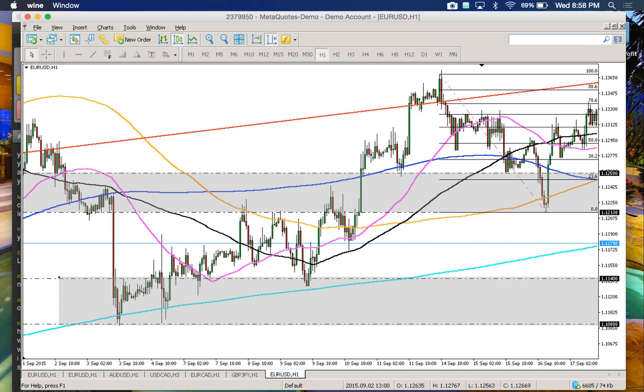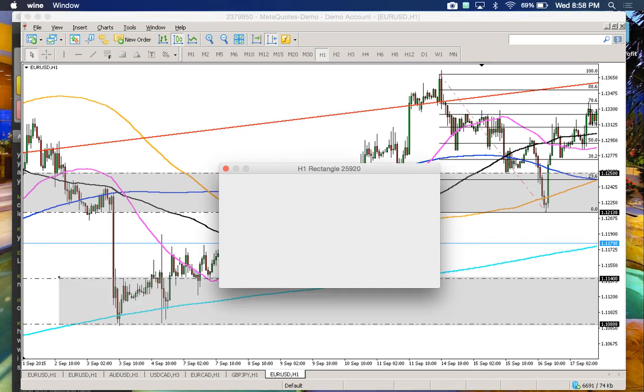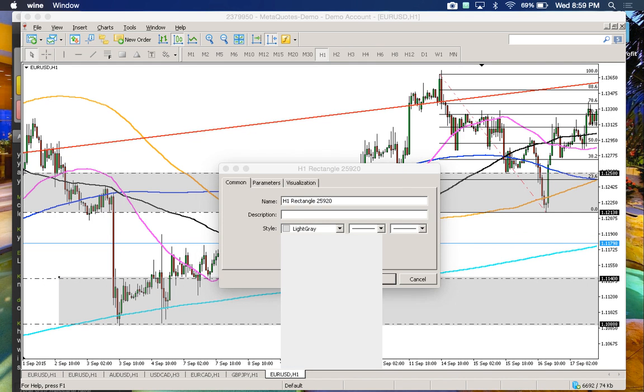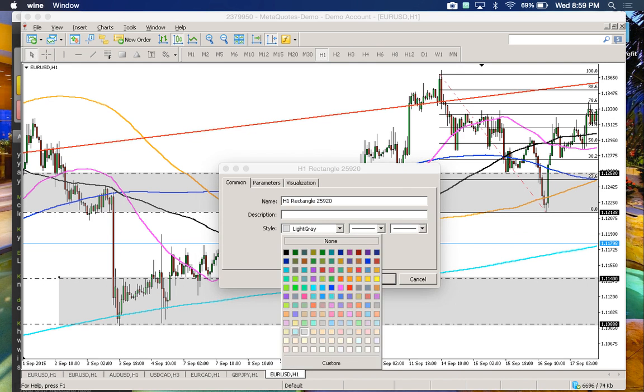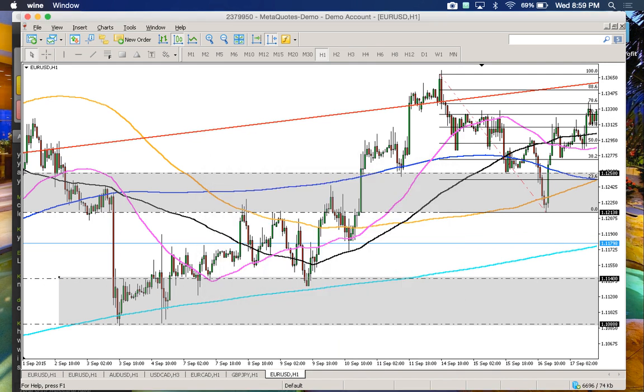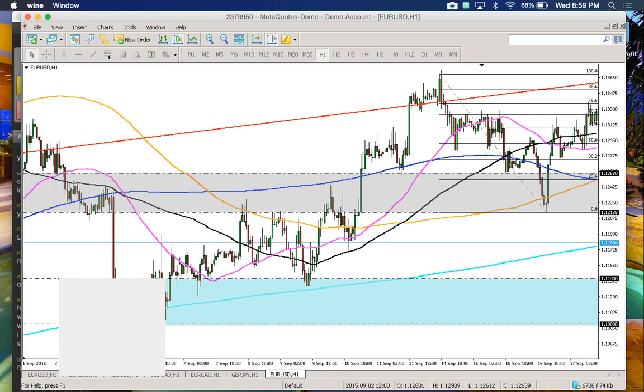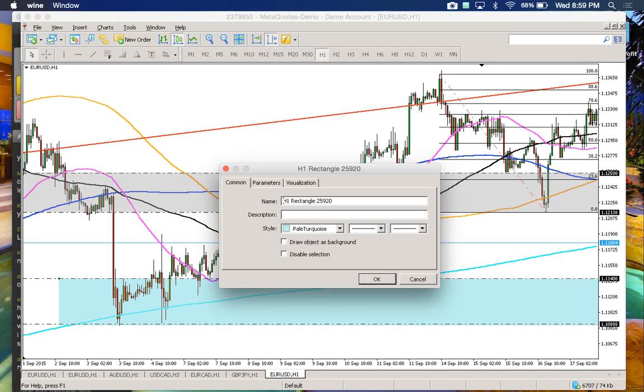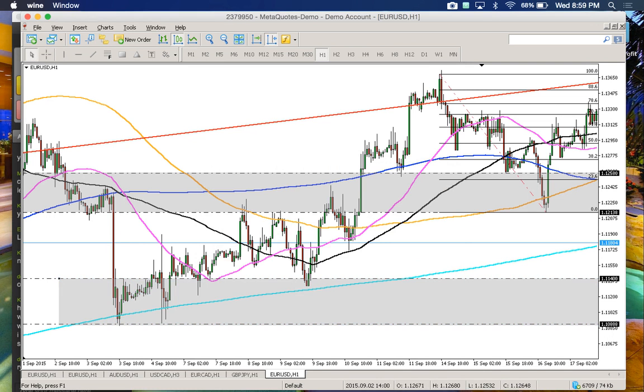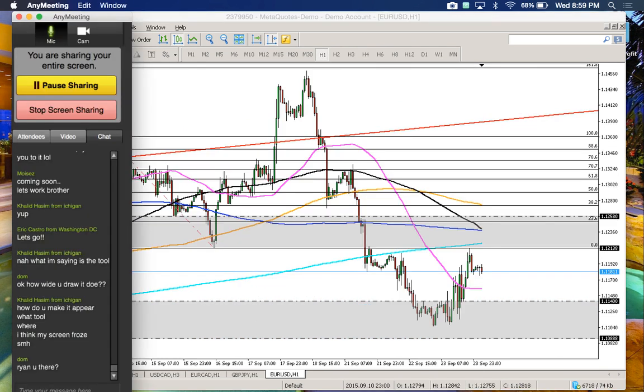If you want to change the color, you just double click the square, go to properties, and then you can change the color to whatever you want. I did light gray, so if I want to change it to cyan or pale turquoise, I can. But in this case, I use light gray, so it doesn't really mess up all the other colors that I have on my chart. Keep it simple. Got it? Yeah, done.